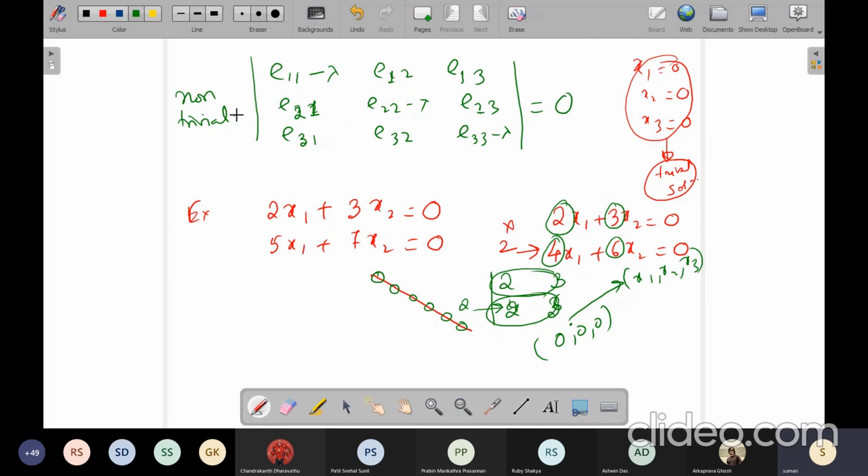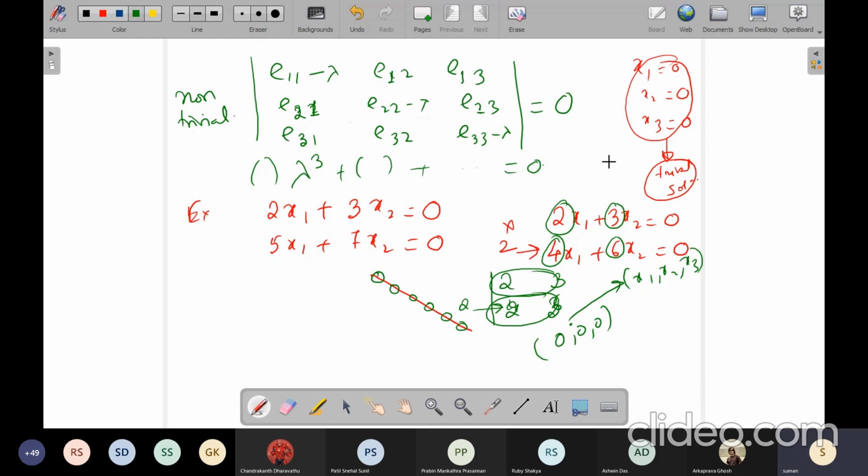If you multiply all this out, you will get a cubic equation in lambda, something into lambda cube plus whatever. So you will get 3 roots of this cubic equation. This shows that not for all cases you will get a non-trivial solution.